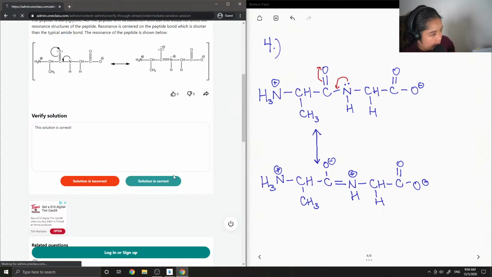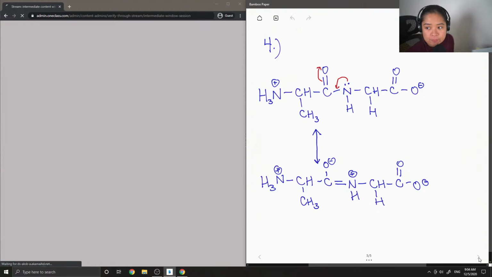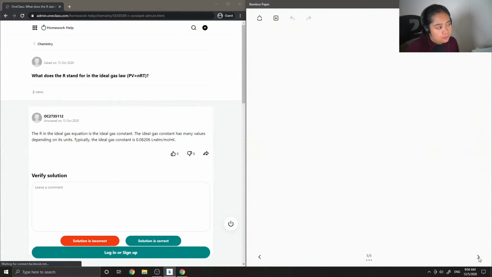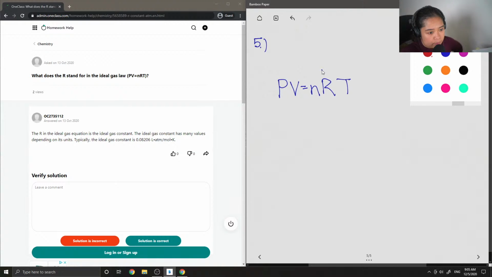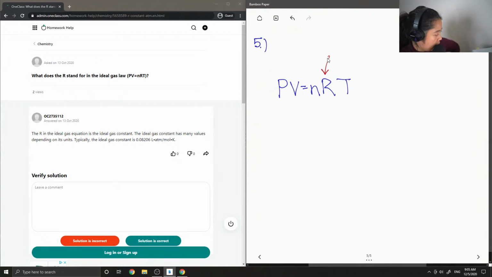Okay, so on to question number 5. What does the R stand for in the ideal gas law PV equals nRT? So the R is actually a constant.